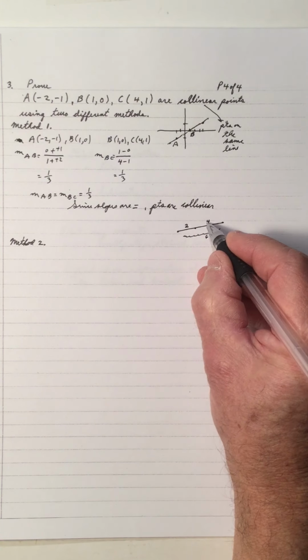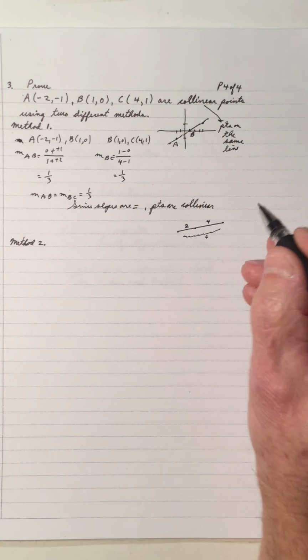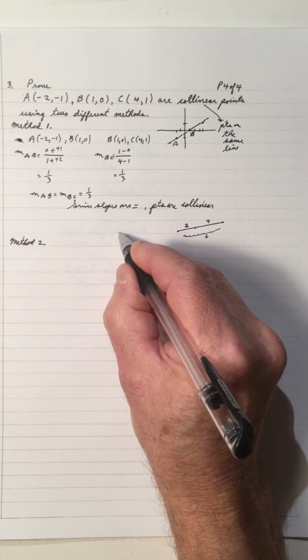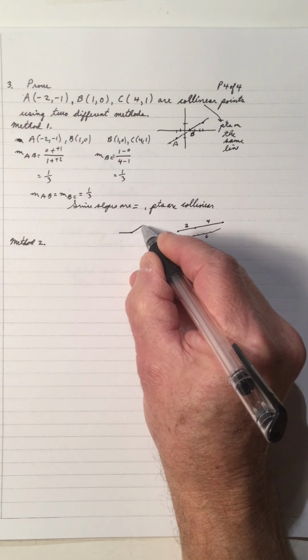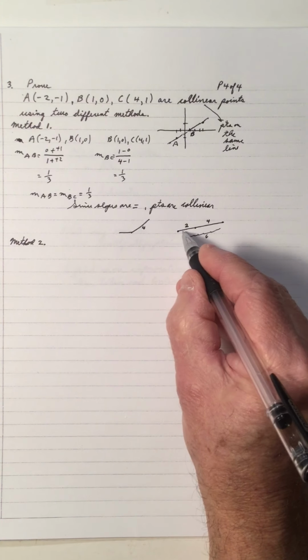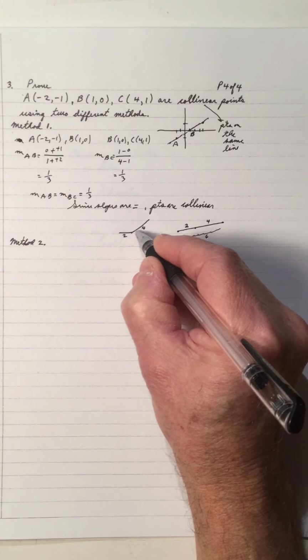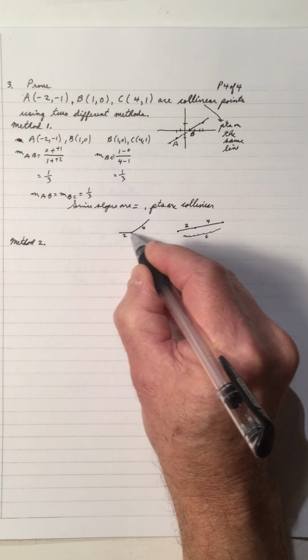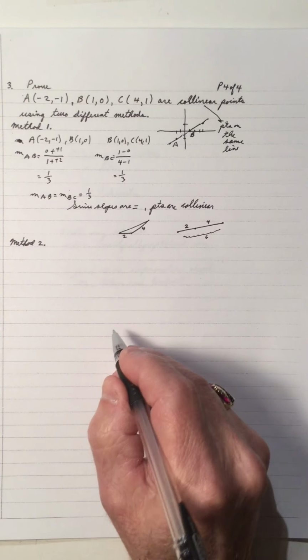So if I add these two together to get 6, that means the points are lying on the same line. To illustrate this, if this is 2, and I go off on an angle like this, and that's 4, well, the furthest distance in a straight line would be 6. But if that's 2 and that's 4, and this is not a straight angle, this distance here will be shorter than 6.